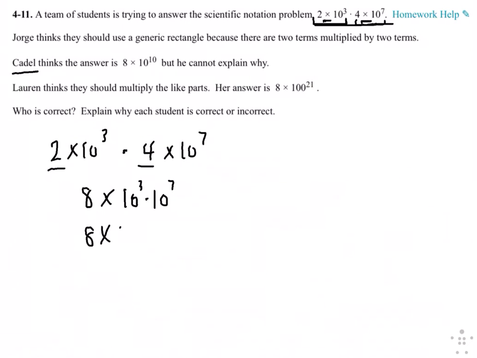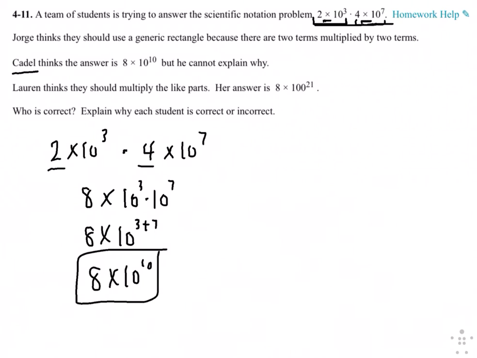So that would become 8 times 10 to the 3 plus 7, right? We add the exponents, 8 times 10 to the 10th, right? I wouldn't show all that work, right? So Cadell is correct, and it's correct because he's using the rule of multiplying powers with the same base, right?